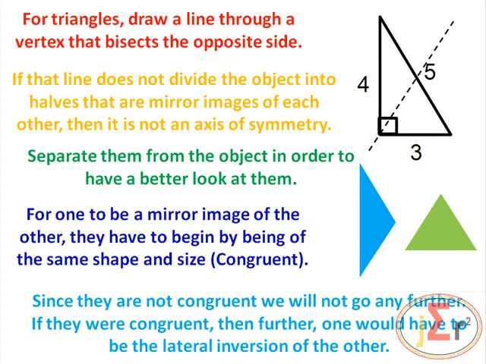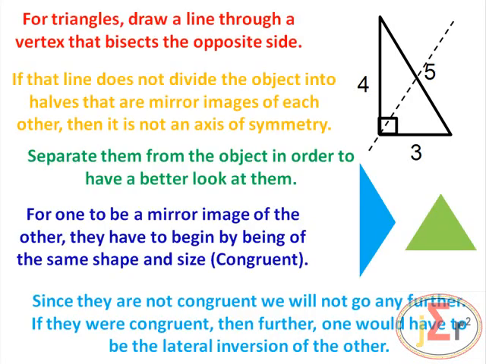If they were congruent, then further, one would have to be the lateral inversion of the other. Since they are not congruent, they cannot be mirror images of each other. And if they are congruent, for them to be mirror images of each other, one has to be the lateral inversion of the other.